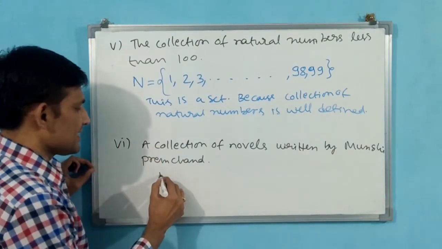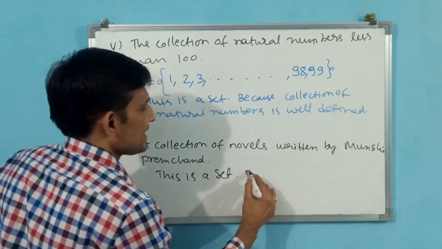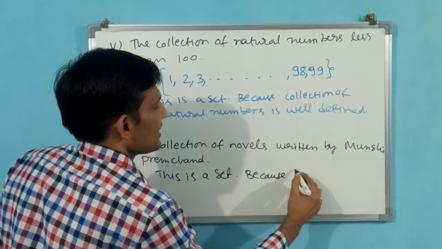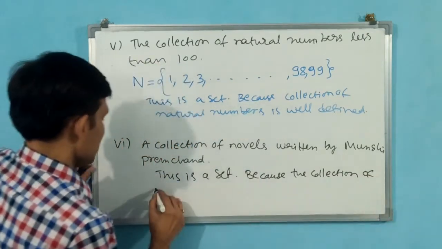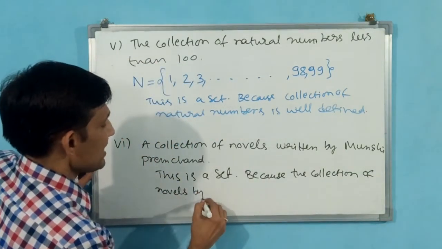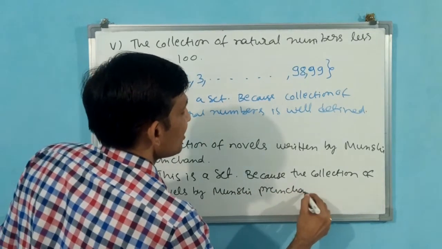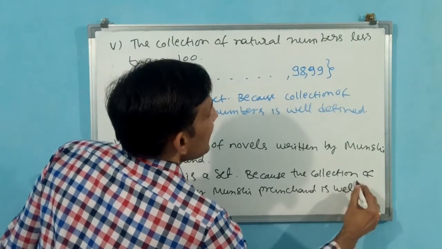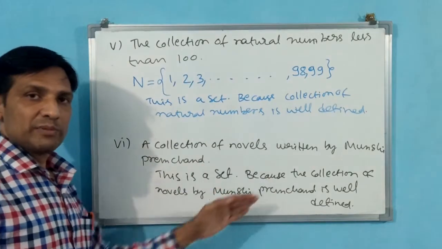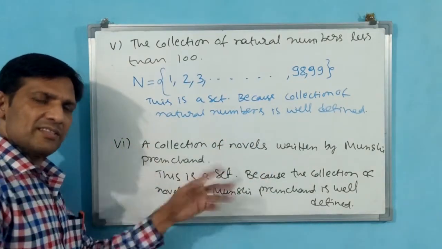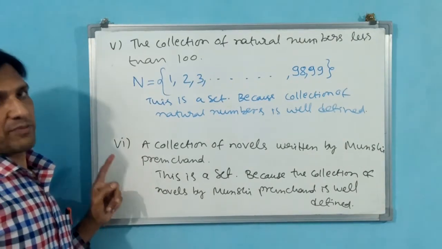You have to write: this is a set because the collection of novels by Munshi Premchand is well defined. That's it. Collection of novels by Munshi Premchand is well defined. That is why this is also a set. Okay. You understand now? Then we go for the next part.